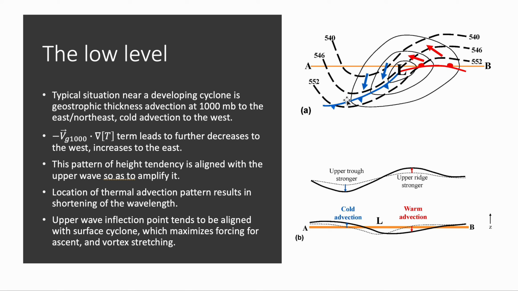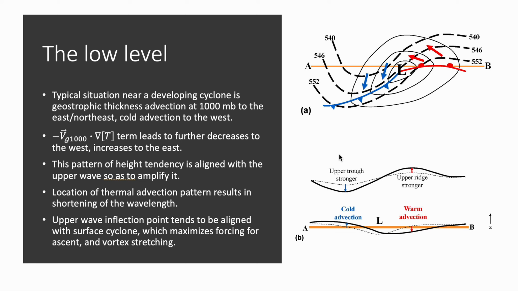So we have cold advection on this side, and this causes an even stronger upper level trough. This causes, if you will, more stretching, so this intensifies. This causes stronger warm advection, stronger cold advection, and it keeps going like this.